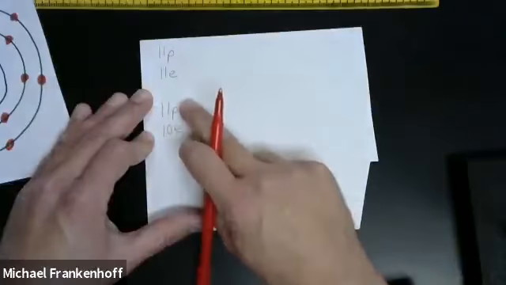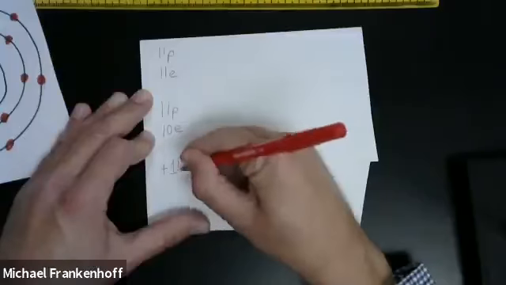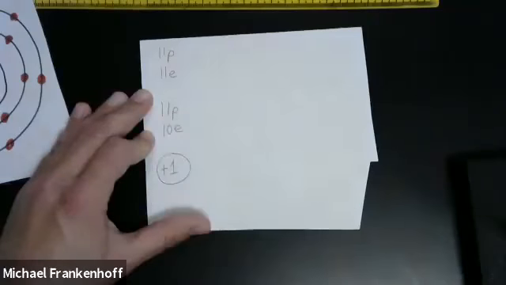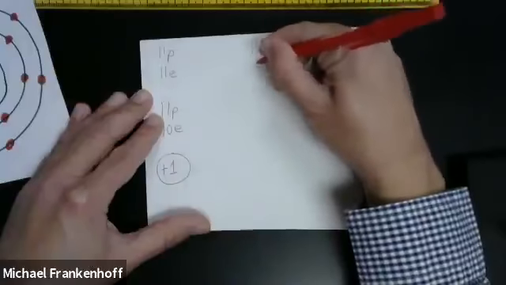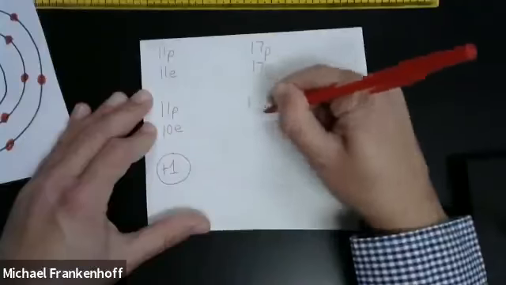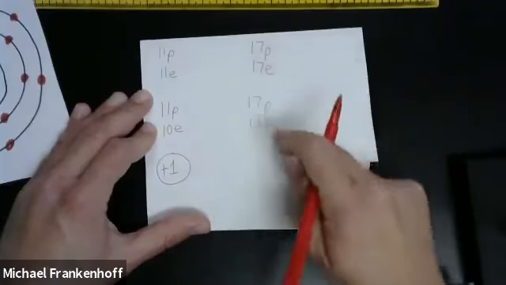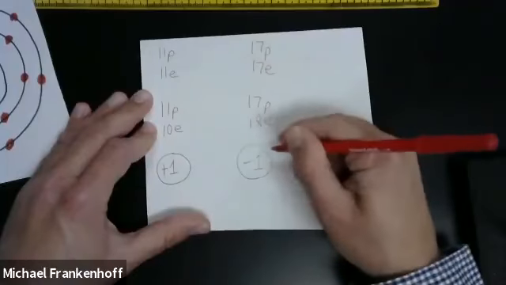So now we're down to 11 protons and 10 electrons. And that gives us a +1 charge on the sodium atom. Chlorine had 17 protons and 17 electrons. It gained an electron, so now we're up to 18 electrons. That gives us a -1 overall charge.